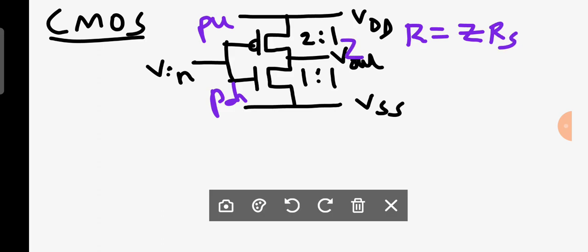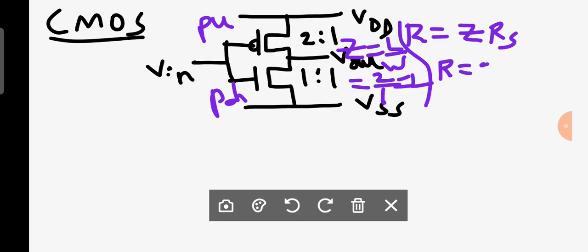Z equals L by W. Then it becomes 2 by 1, that is 2. Now R equals 2 into RS. What is RS for a P transistor in 5 micrometer technology? 2.5 into 10 to the power of 4.